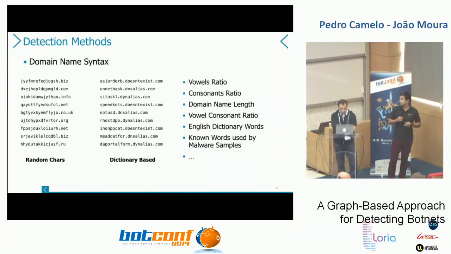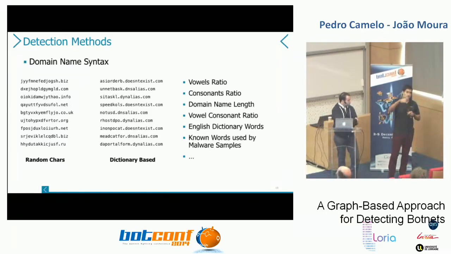For instance, if we go to VirusTotal, there's a list of domains associated with some malware family. We take some samples, we throw them inside the bag together with other domains that we know nothing about. We shake the bag and we get, okay. But obviously it's very difficult to know if we are making the proper groups.